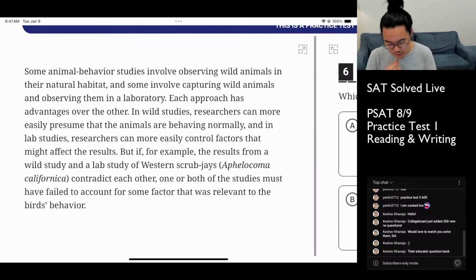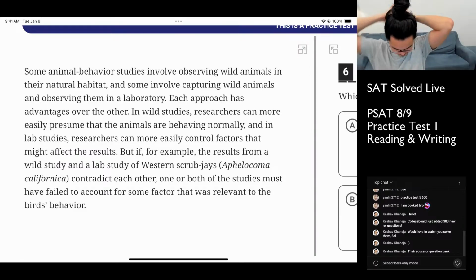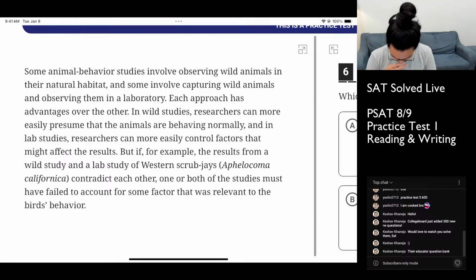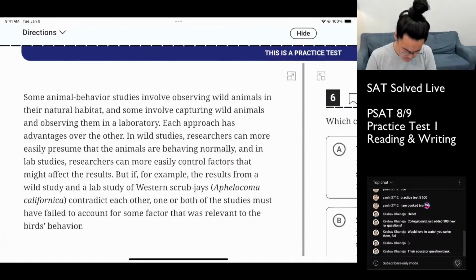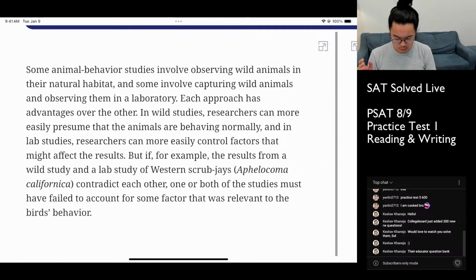Some animal behavior studies. Wild and captured. Advantages. Wild is normal, but uncontrolled. One or both of the studies must have failed to account for some factor that was relevant. Okay. Main idea is that these two have various advantages.